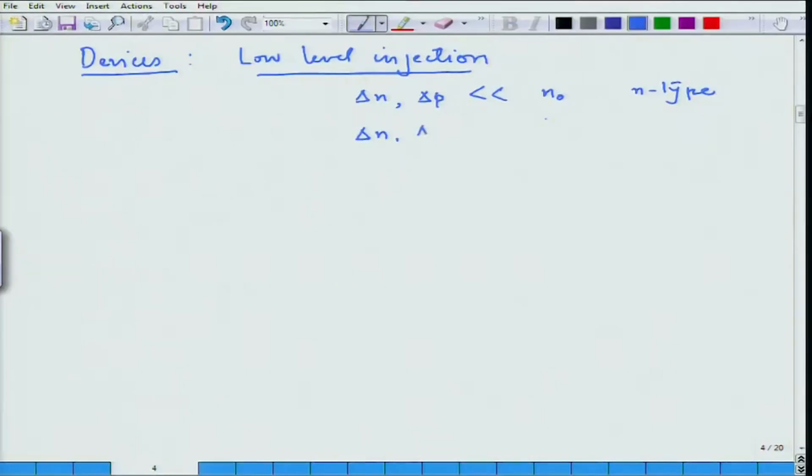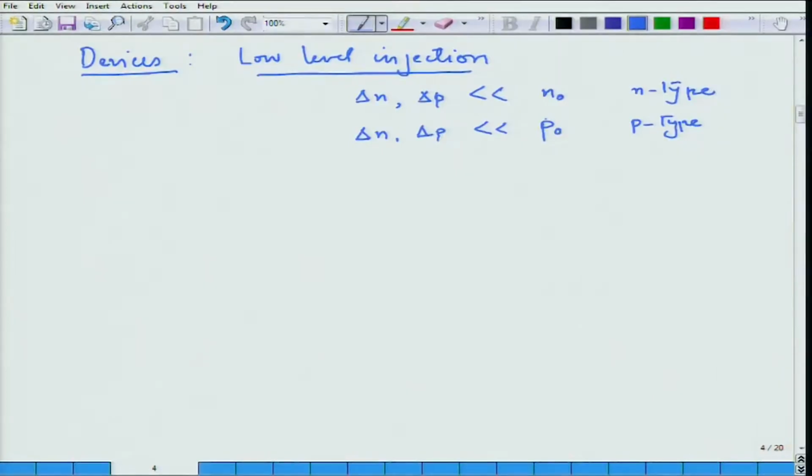The excess carriers generated are always much less than the majority carriers. So, for many devices this situation is true. So, we find a simpler form of the continuity equation that we will solve easily and use certain assumptions.